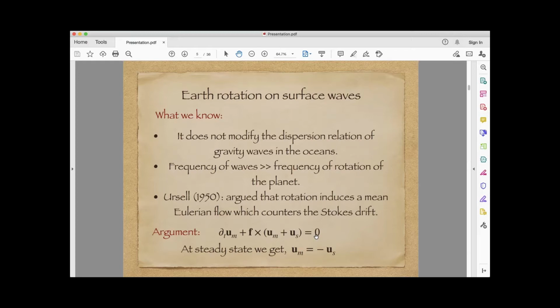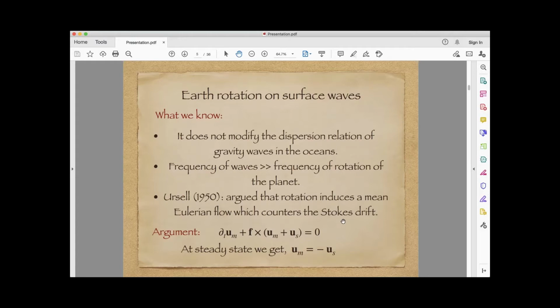This is the evolution equation of the velocity field of the mean flow plus the Coriolis force, where you have this Lagrangian velocity, not just the mean flow velocity field, but also the Stokes drift. And what Ursell argued is that at steady state you basically get u_m equal to minus u_s, and you get a mean flow which is opposite to the Stokes drift.